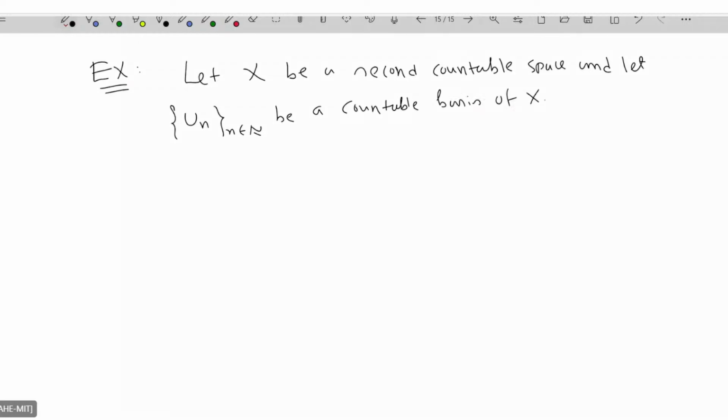Second countable space means it has a countable basis. Okay. So consider the following set.